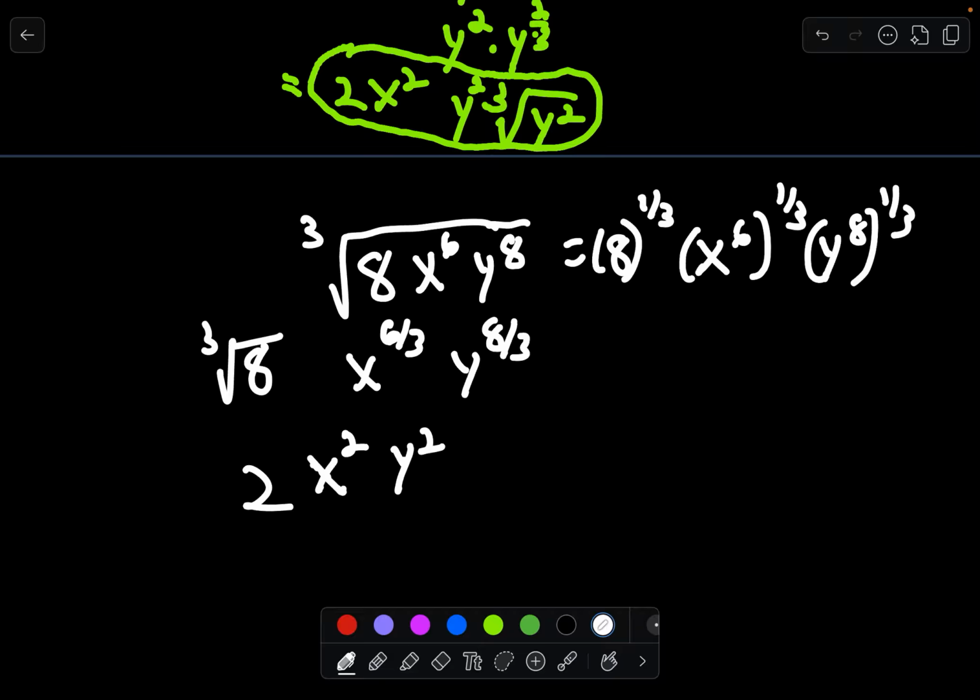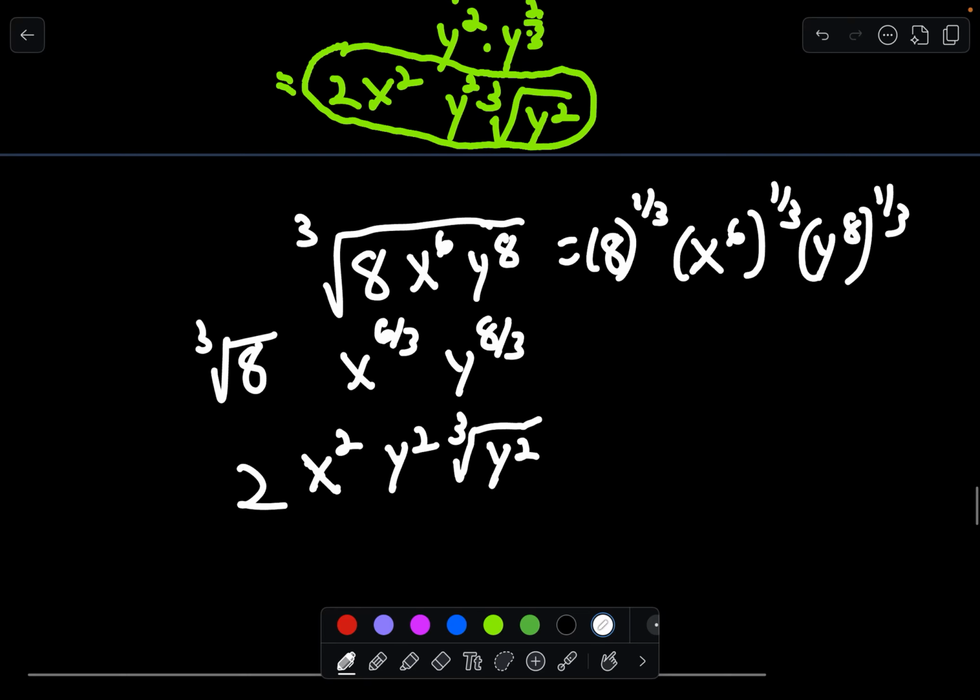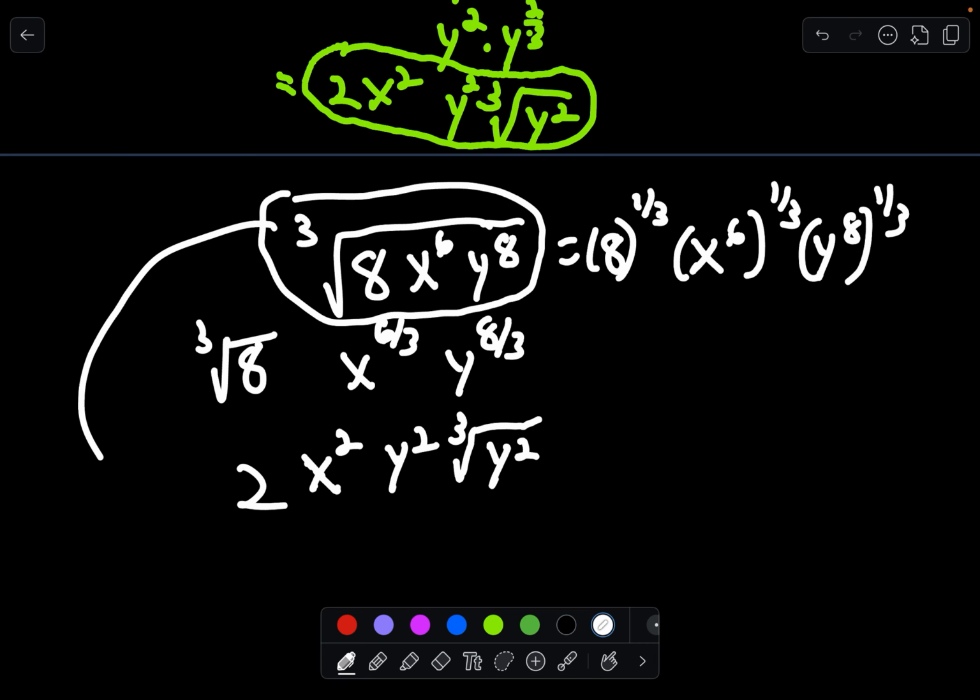But there's a remainder of 2/3, or a remainder of 2. So that'll be times the cube root of y squared. Okay? So again, this is a little bit tricky. So the simplified version of this right there is that. All right?